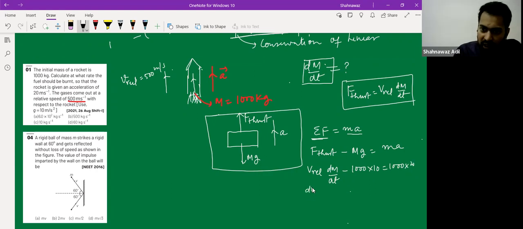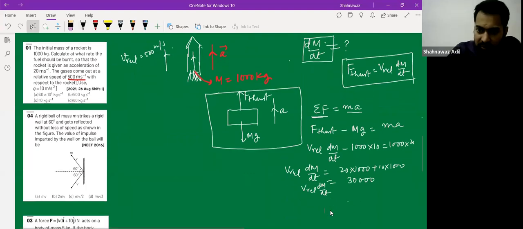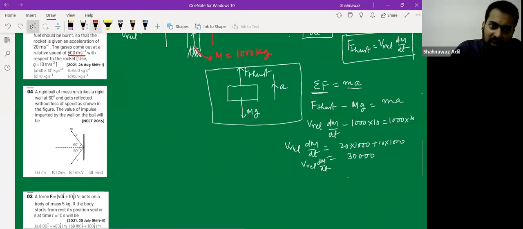So dm by dt v relative is what? 20 into 10,000 plus 10 into 10,000, 10 into 1000. So this is what? 30,000. Right? V relative dm by dt. So dm by dt will be what?